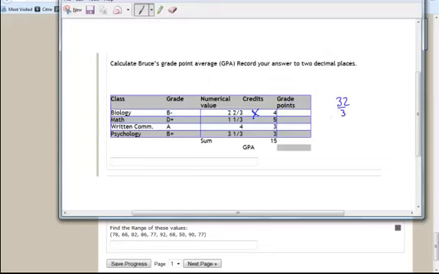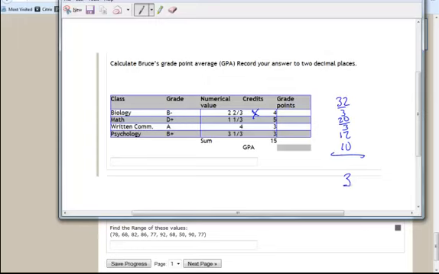And in the second row, 1 1/3 times 5 is 20/3. 3 times 4 is 12, and then 3 1/3 times 3 is 10.